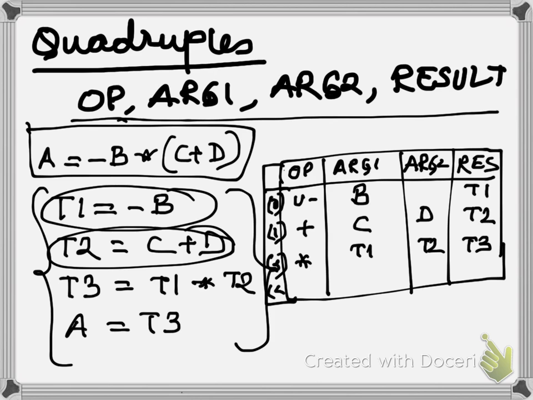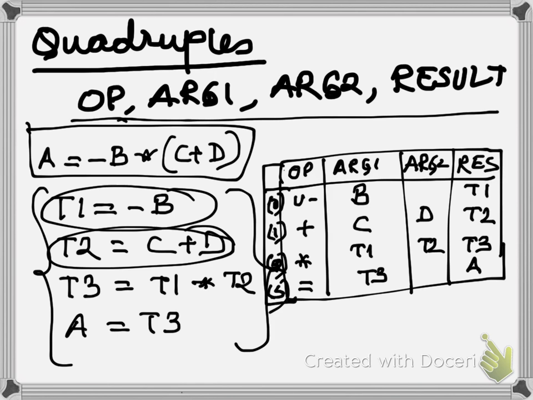For the last one, 3, the operator is assignment, the first operand is T3, there is no second operand, and the result is stored in A.